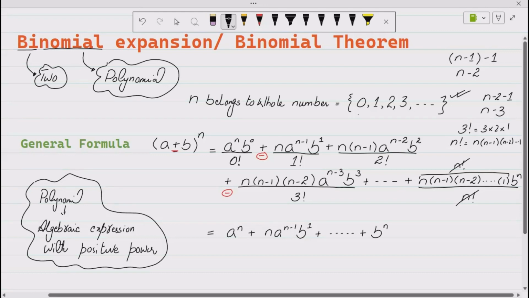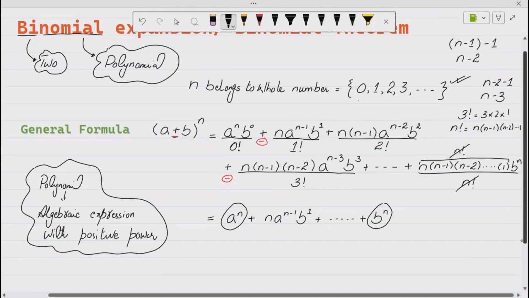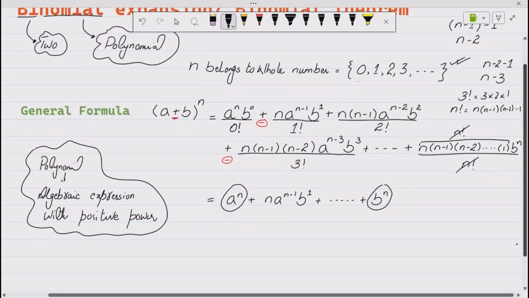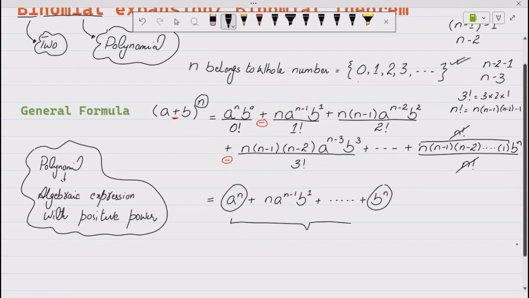So whenever you expand binomial expansions, what do you get? The first term is a^n, the last term is b^n, right? And in between you have different terms. Okay, so whenever you open the formula of a binomial expansion, whatever power you have, the number of terms you get is n plus 1.